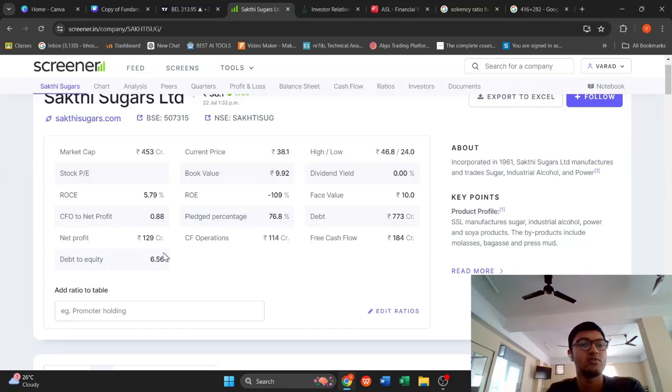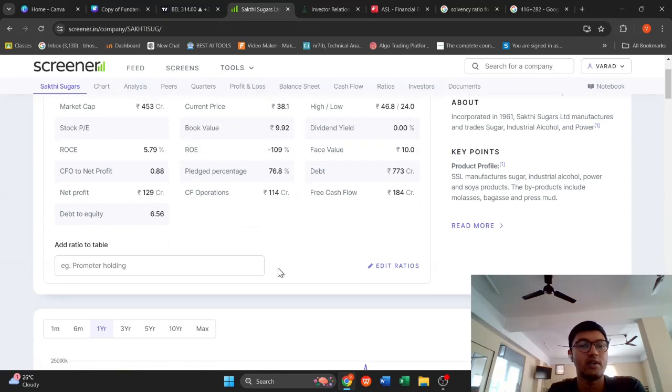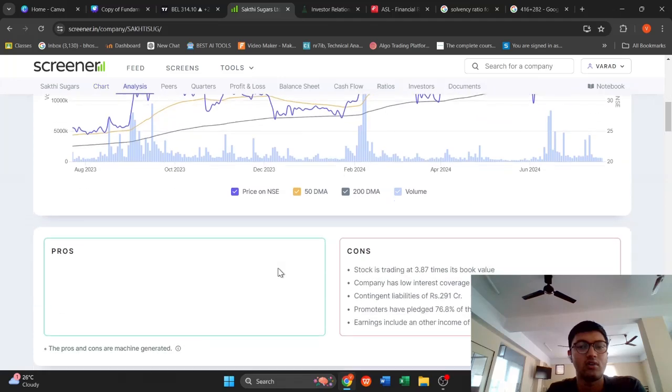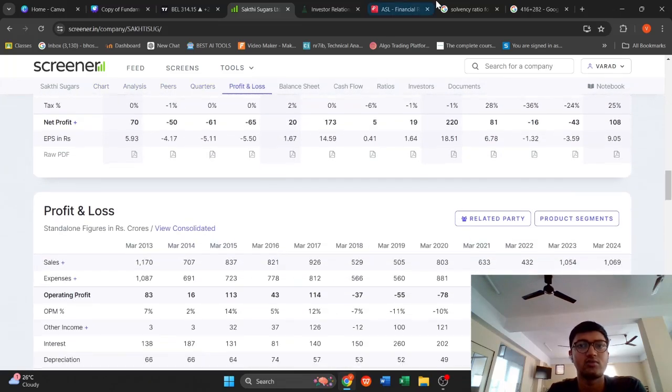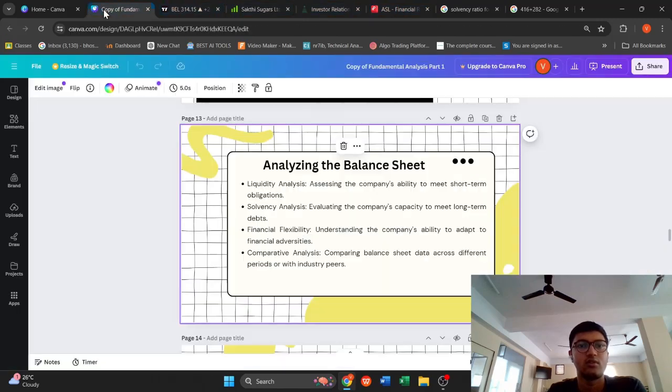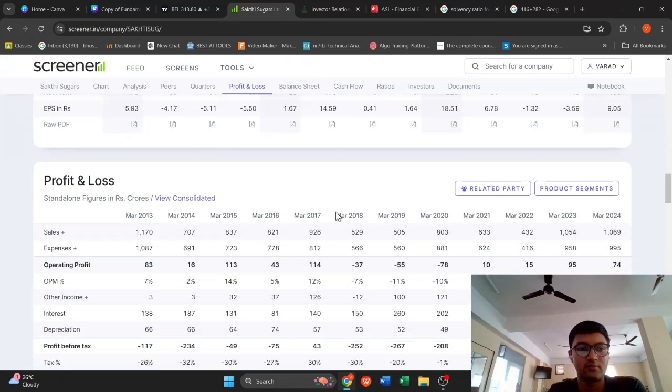In this case, the debt to equity is actually bad. The debt of Shakti Sugars is 773 crores, divided by the equity, which is not good. So in terms of financial flexibility, Shakti Sugars is not a very good company.